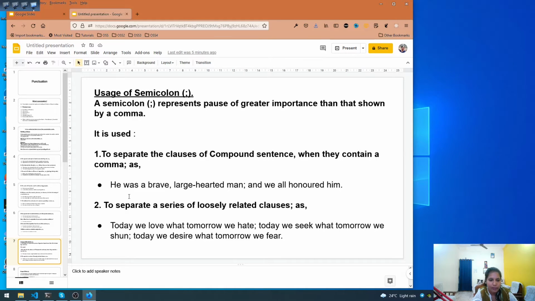For example, he was a brave, large hearted man. Here we have used two to three sentences.